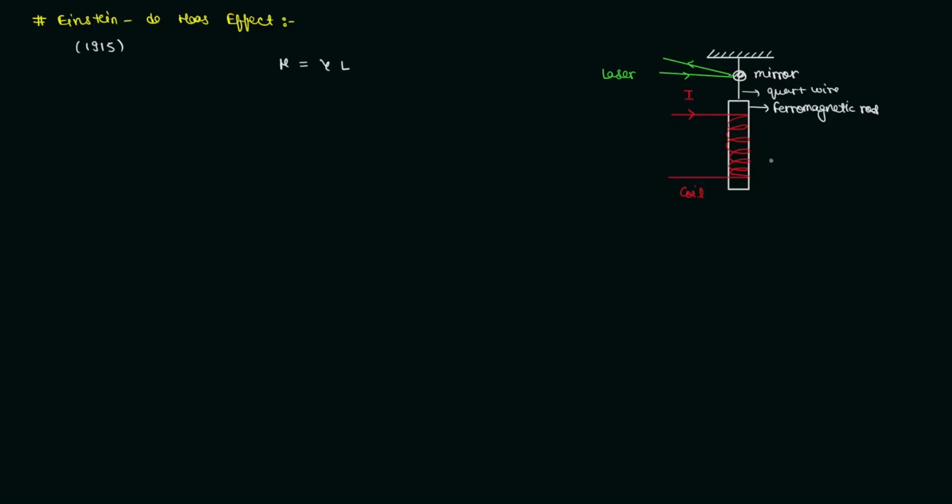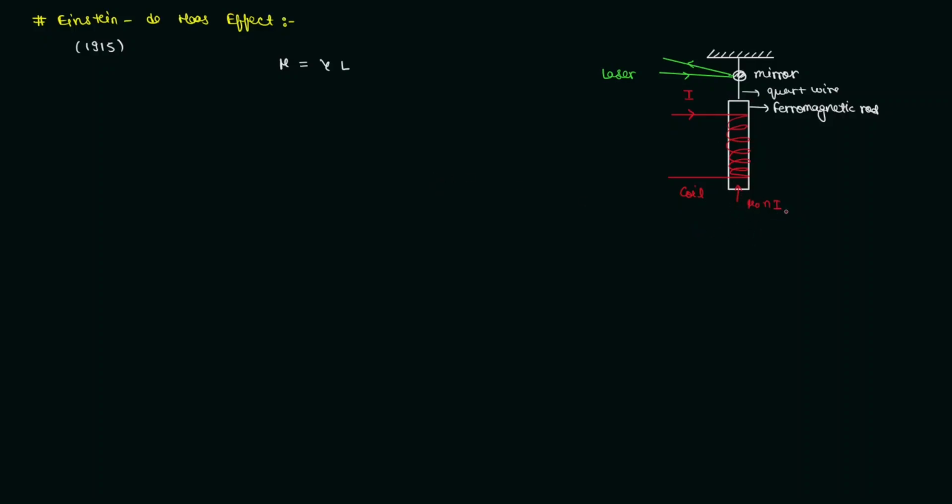Initially this ferromagnetic rod is at rest and unmagnetized, and finally it is magnetized along its axis with a magnetic field along its axis given by mu naught N I. This is the magnetic field inside this solenoidal coil, using which it is magnetized in either the up or down direction.